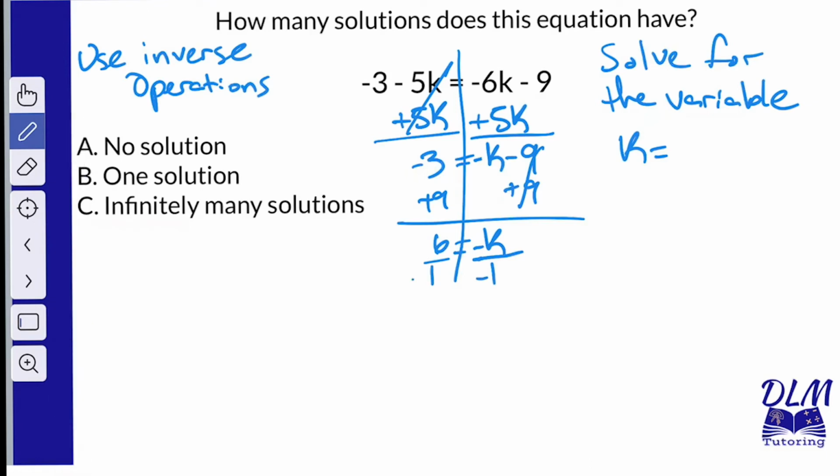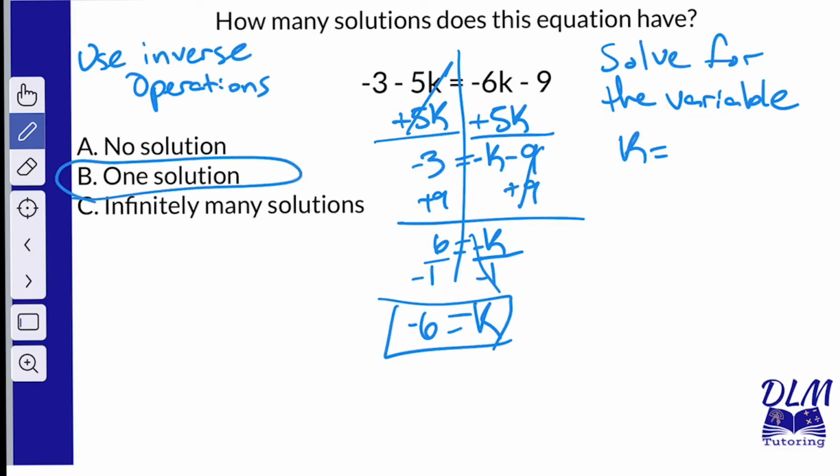I am using the inverse operation to break up the negative 1 and that k. They cancel out. k is now equal to negative 6. So there is only one solution to this problem. If I were going to solve for k, k is going to equal negative 6. So there's only one solution.